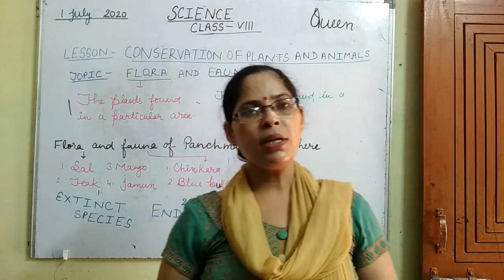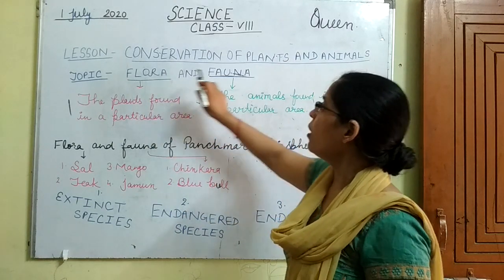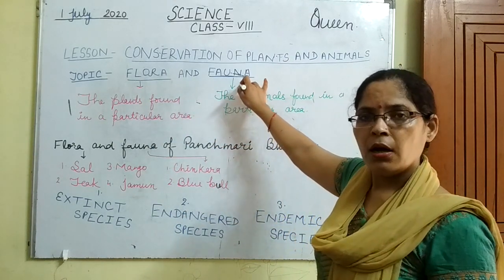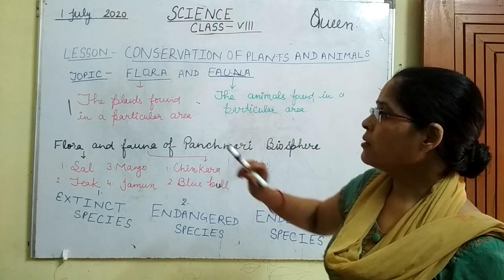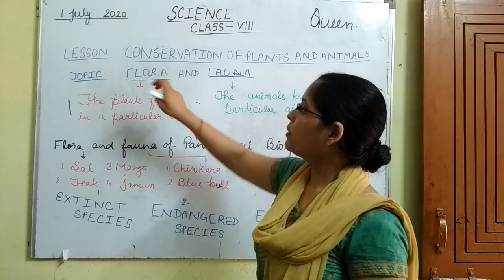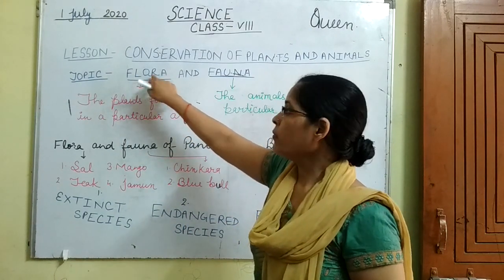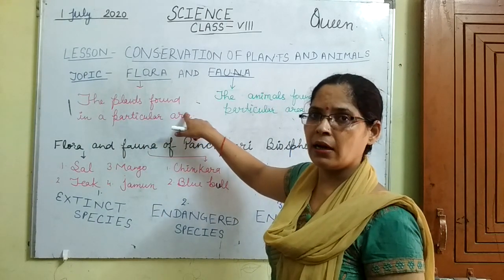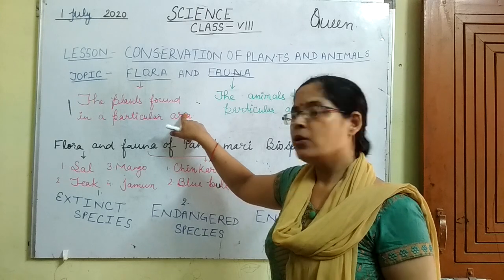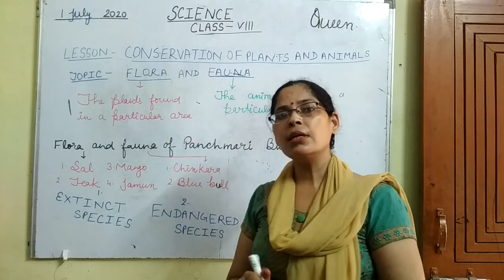Okay, students, today's topic is flora and fauna. What do you mean by flora? As is evident from the name, flora connects with flower. The plants found in a particular area are known as the flora. How will you remember it?